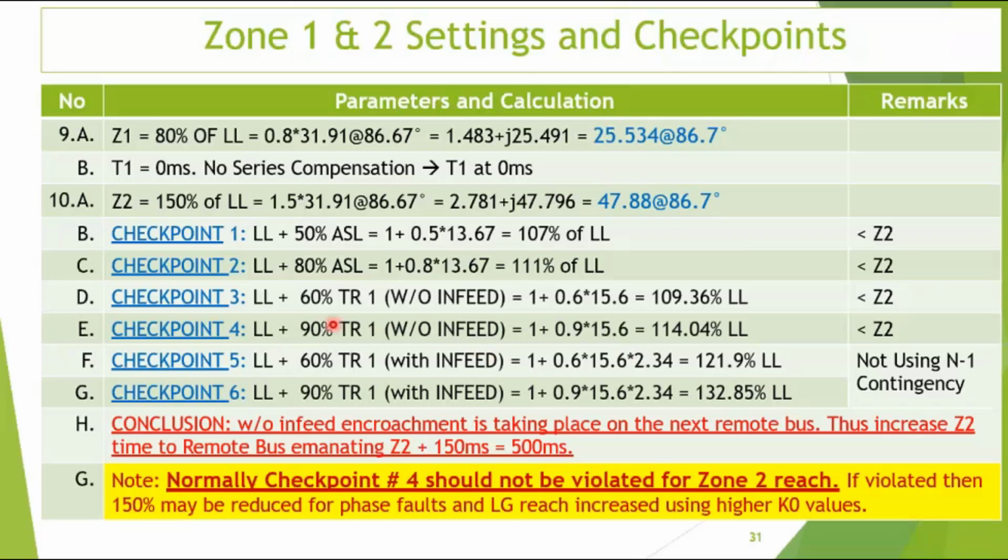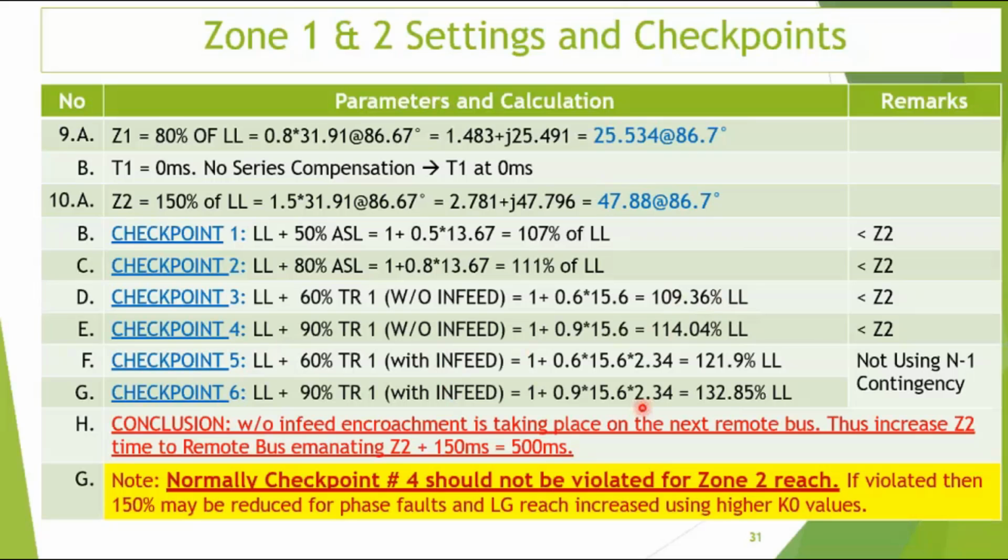So anyway, in general, checkpoint 4 should not be bypassed. Checkpoint 4 is the limit of zone 2. Normally checkpoint 3 also should be the limit, but anyway, you can go up to checkpoint 4. But infeed should be taken at the zone 3 level, not at the zone 2 level. Zone 2 timing is much lesser.